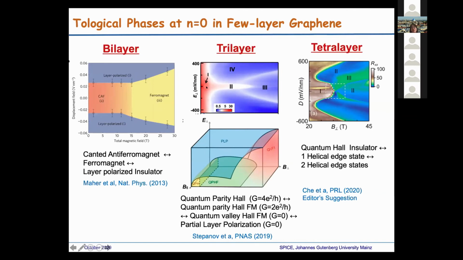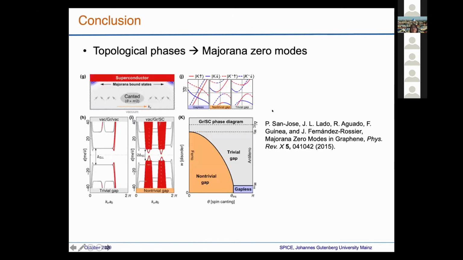So it will be much easier to achieve this proposal of a Majorana zero mode in graphene using, for example, trilayer graphene, because the magnetic field involved is much smaller. Okay, so this is something we're working towards, and hopefully we'll have something to tell you about later.